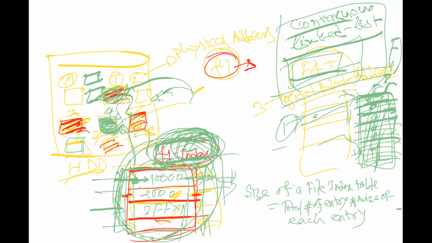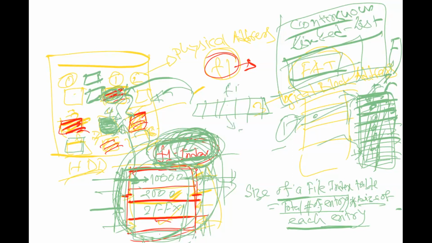What is the size of a particular entry? Let's calculate these things. Size of each entry. The number of entries depends on the total number of blocks inside a file. If there are more blocks inside a file, the number of entries will increase depending on the size of the file.